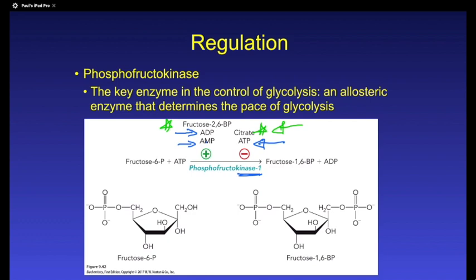If citrate starts to build up in concentration inside the cell, what that means is the next phase of the process is not going real well. I'm overwhelming that next phase. So if I'm overwhelming the next phase, I don't continue to feed it because I'm already behind. And so it's feedback to say, hey, slow down, I can't keep up with all the material coming at me. The fructose 2,6-bisphosphate was a surprise to everybody when they actually found that, and we'll look at that in just a moment.